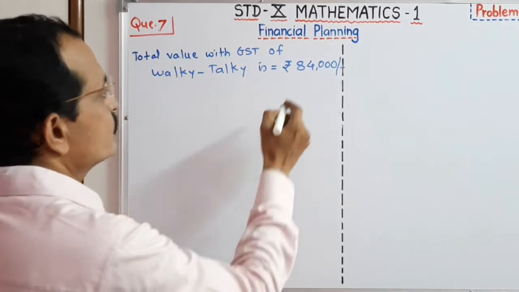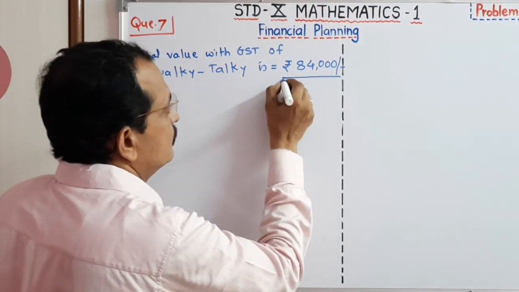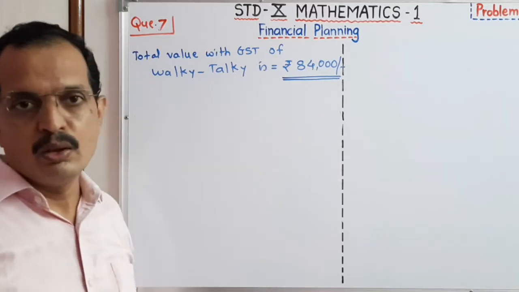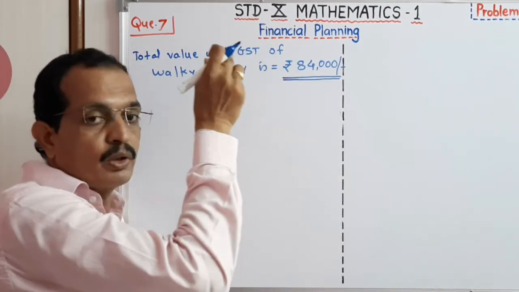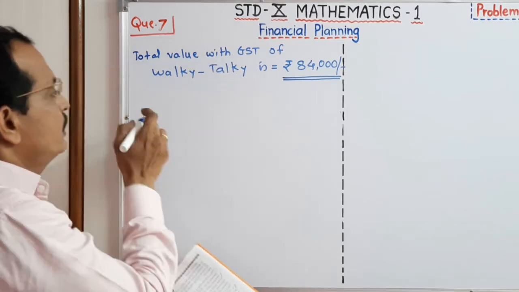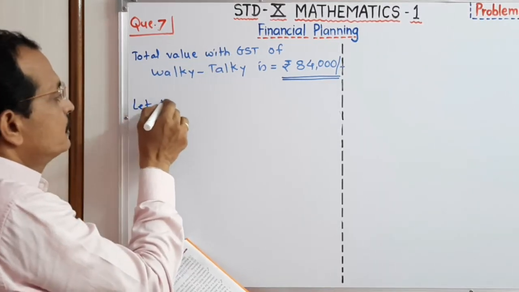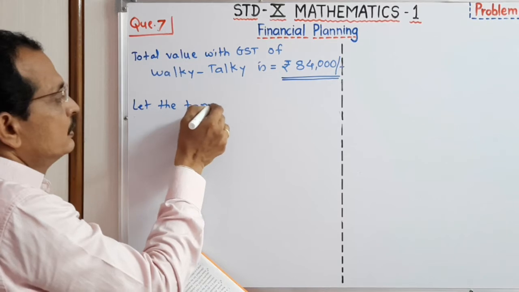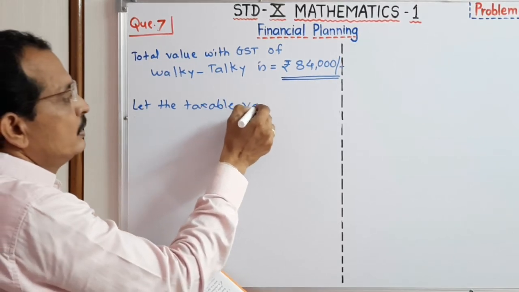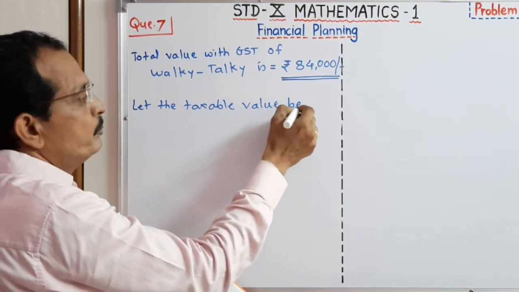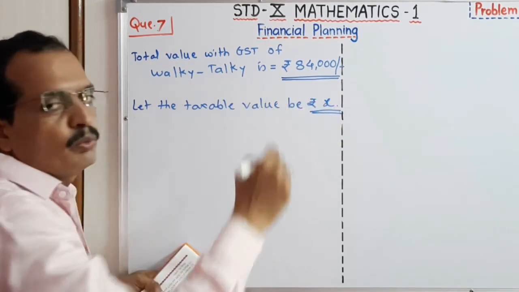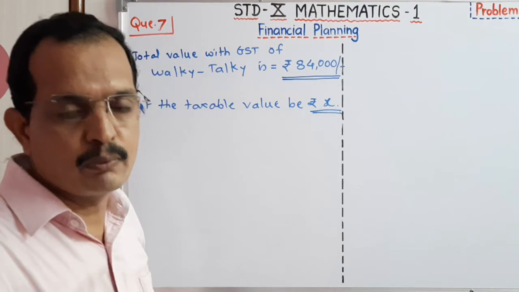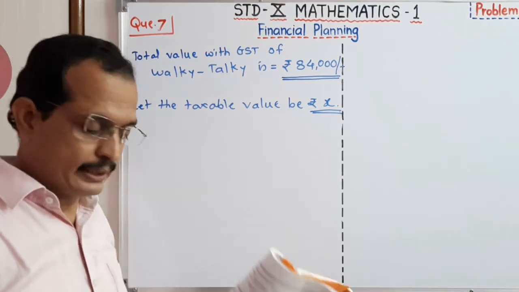Now see, dear student, this includes GST. GST is included in this amount. We have to find out the taxable value. Therefore, let the taxable value be rupees X.